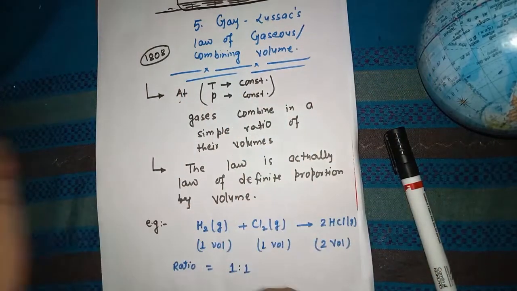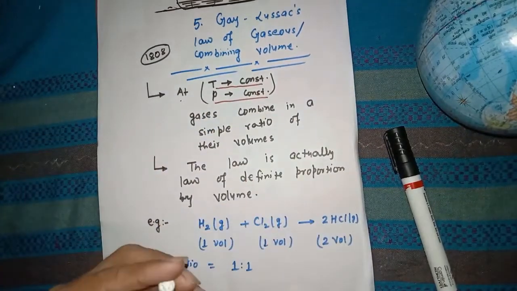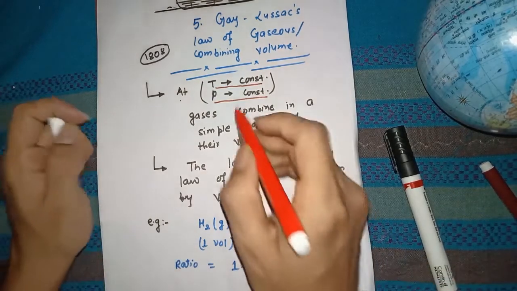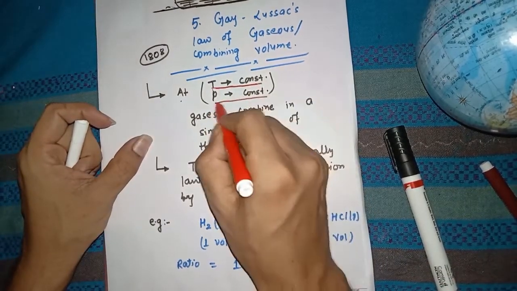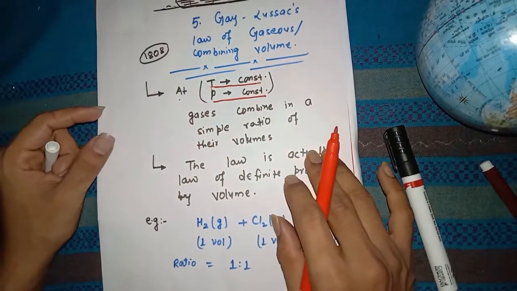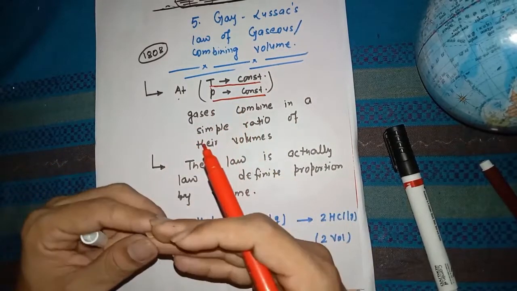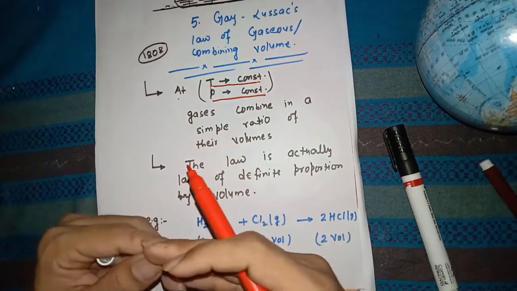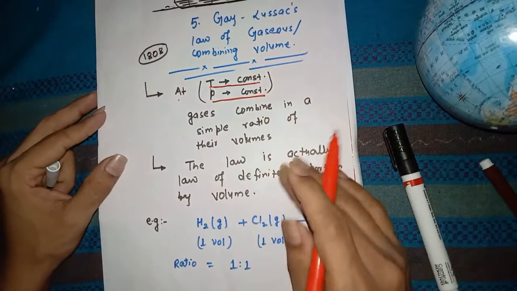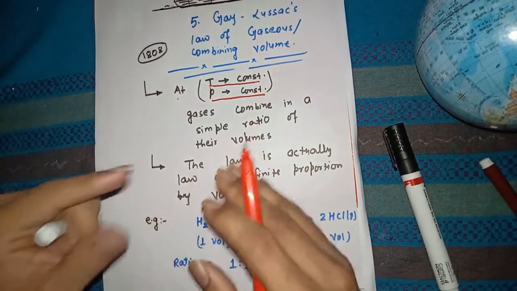This is the necessary condition for this law. In the first law, the law of definite proportion by mass, it is not necessary to have a particular temperature or pressure, because mass is always conserved. But in this case, gases combine in a simple ratio only when their temperature and pressure are kept constant.